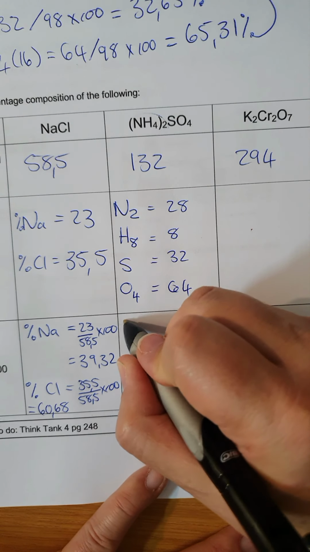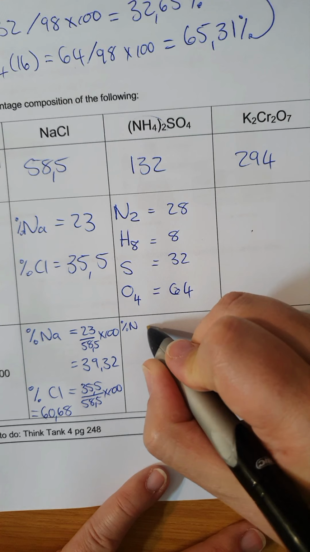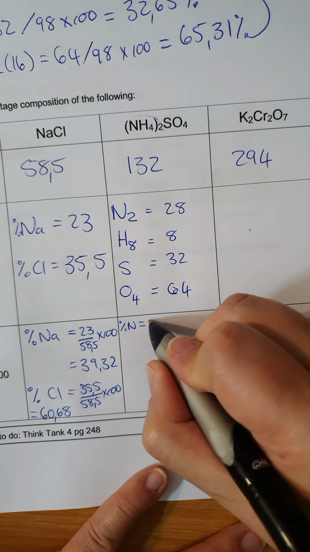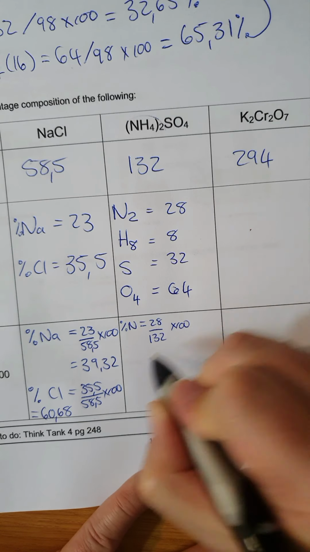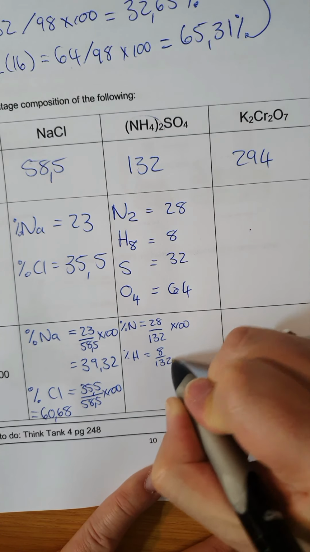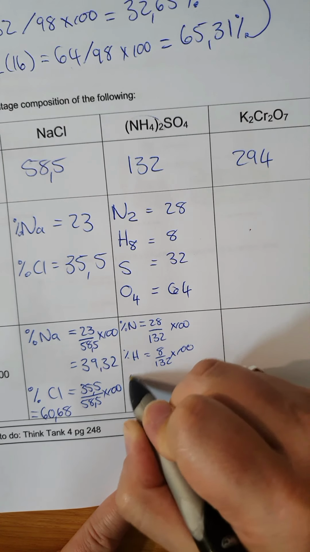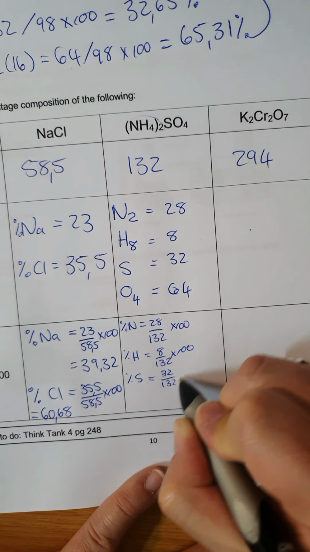Then you are looking at percentage nitrogen, which would be 28 over 132 times 100. Percentage hydrogen, 8 divided by 132 times 100. Percentage sulfur, 32 divided by 132 times 100.